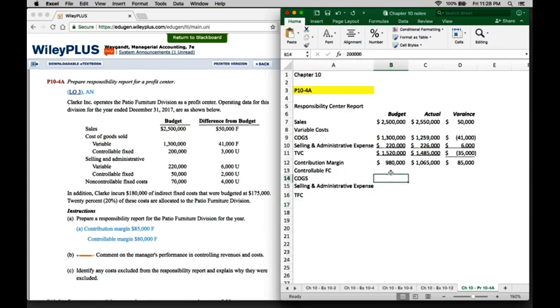So I will list those numbers and the totals. Then I know my variance is 3,000 unfavorable, which means I spent 3,000 more over here, and 2,000 unfavorable.